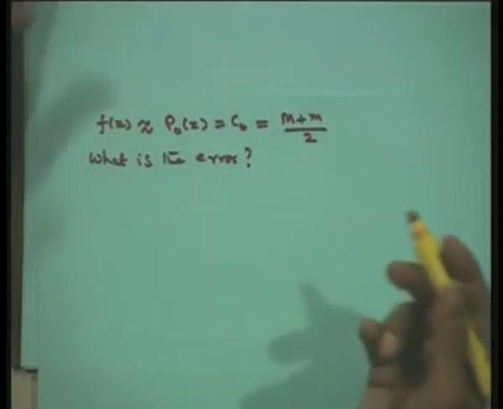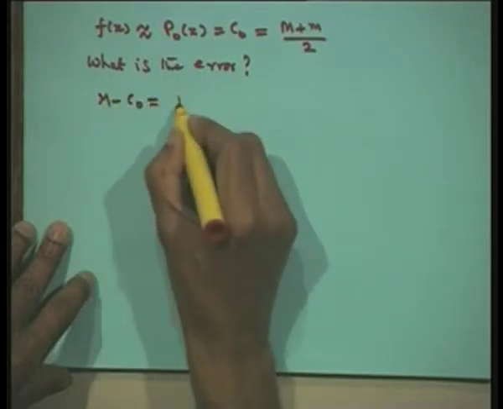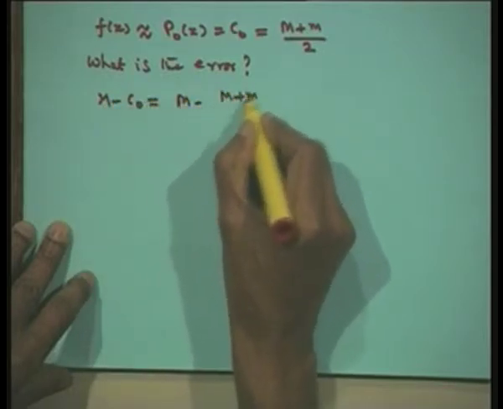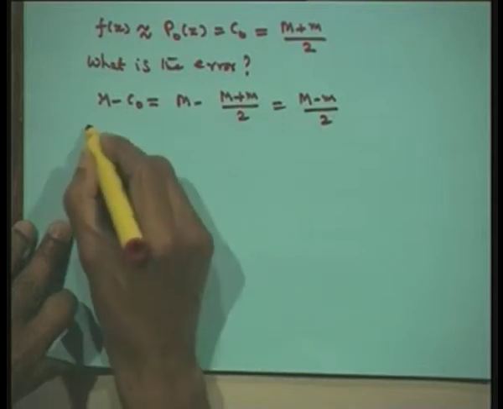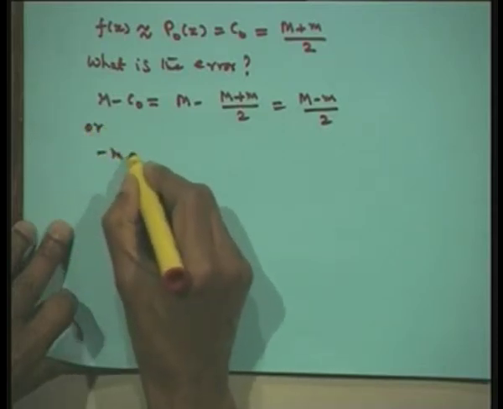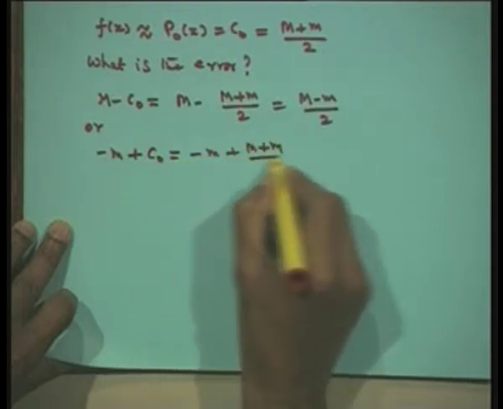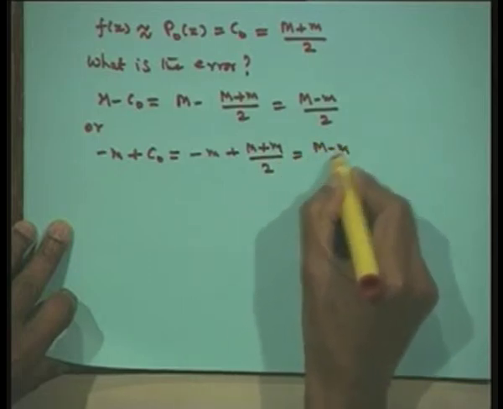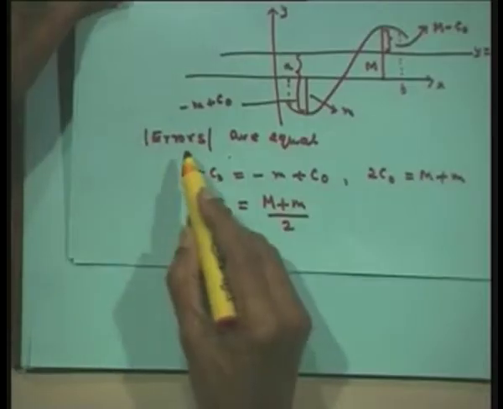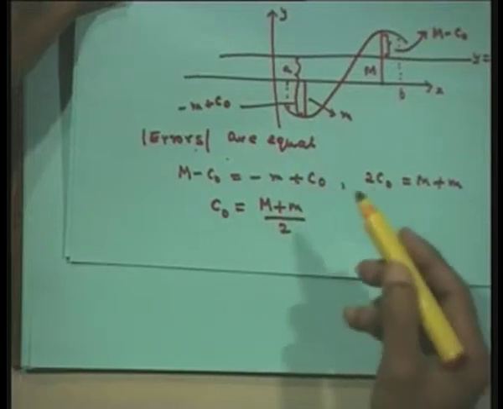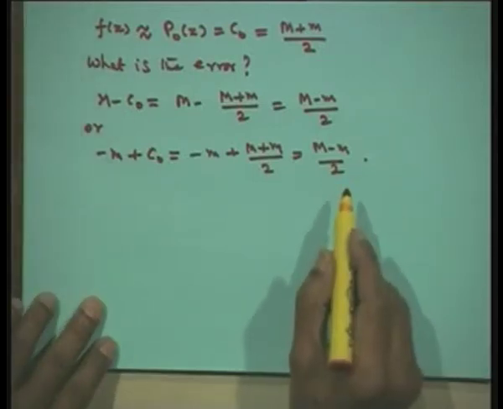So, M minus c naught is M minus (M plus m) by 2, that is (M minus m) by 2, or I can also look at minus m plus c naught, that is minus m plus (M plus m) by 2, that is equal to (M minus m) by 2. Obviously, both these errors have to be equal, because that is the condition that we have put here. Therefore, it is sufficient for us to use any one of these points to find out the error that we have committed in this particular approximation.